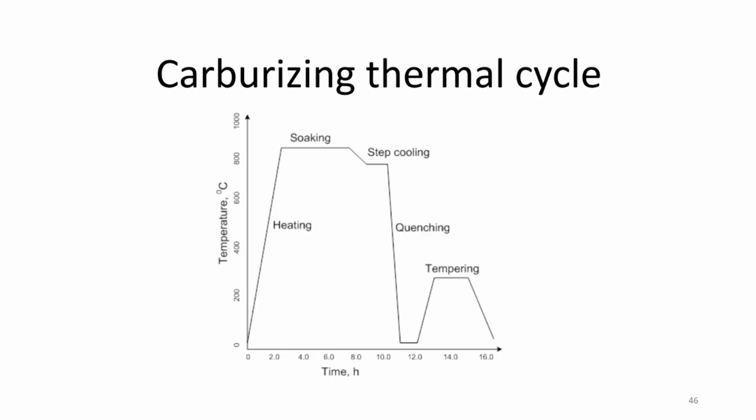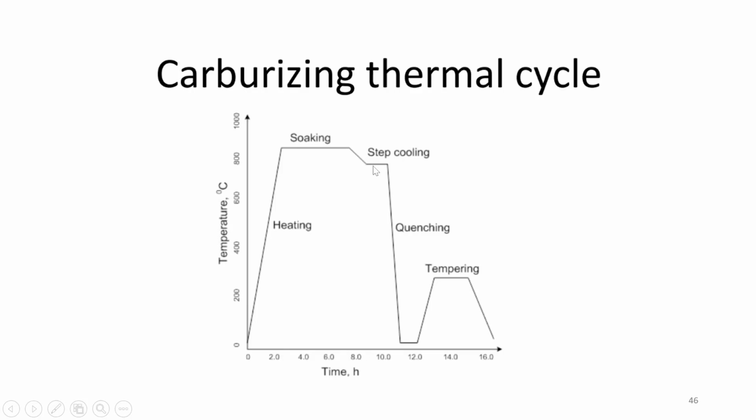And this is the thermal cycle for carburizing. First it is heated to a temperature higher than 800 degrees Celsius, then soaking is provided. After austenitization, because at austenite temperature you have more solubility of carbon, it is exposed to the carbon, and after that it is cooled with step cooling.